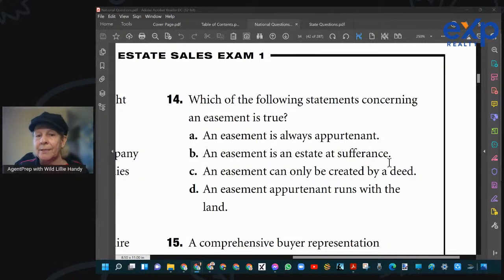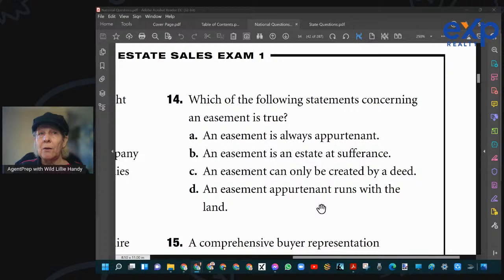What is a sufferance? C, an easement can only be created by a deed. What is a deed? D, an easement appurtenant runs with the land. What does that mean?